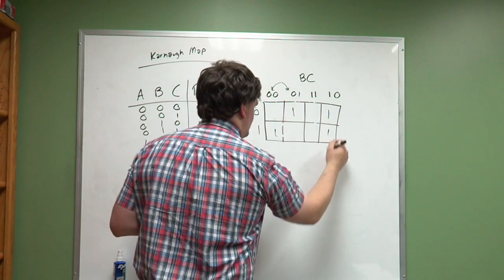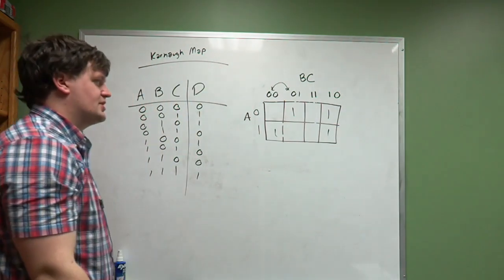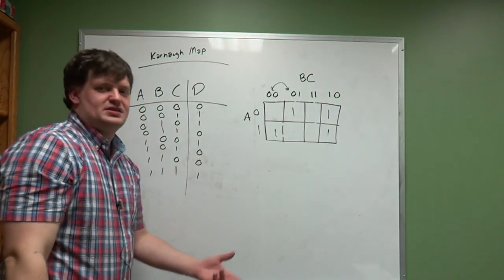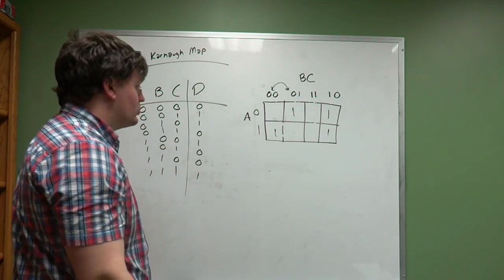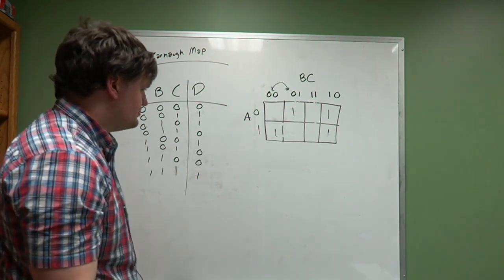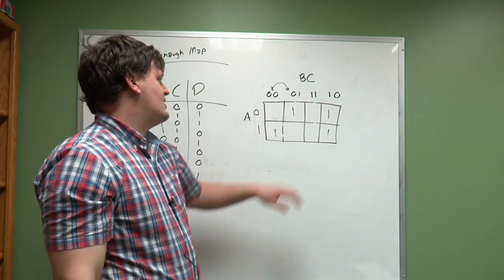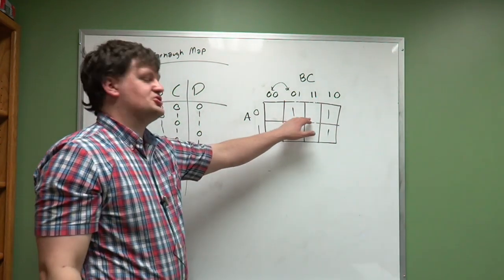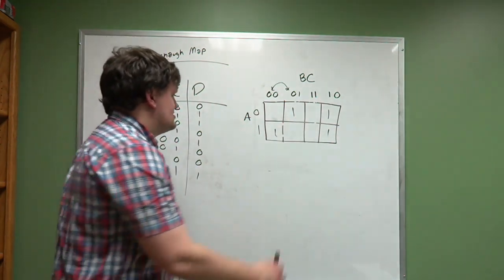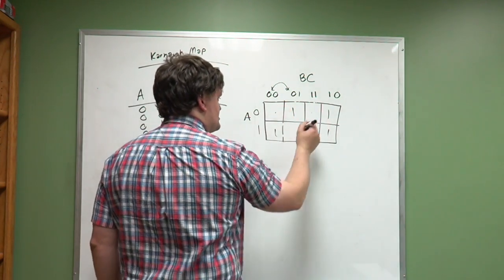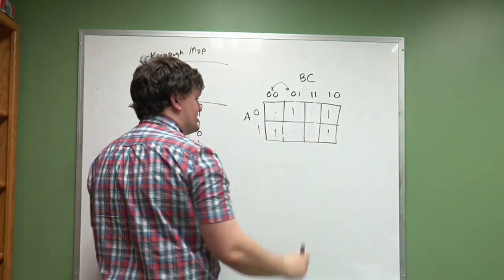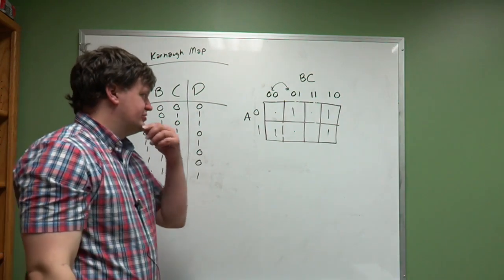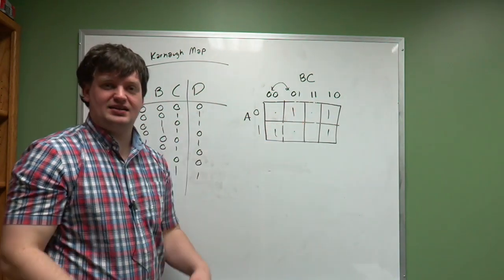We have 1 here and 1 here. Okay? Well, that's kind of ugly, but we're going to work with it. Does this one have any connections next to it? Okay, it has nothing in the box over here, nothing in the box over here. What that means is this is kind of an isolated incident.